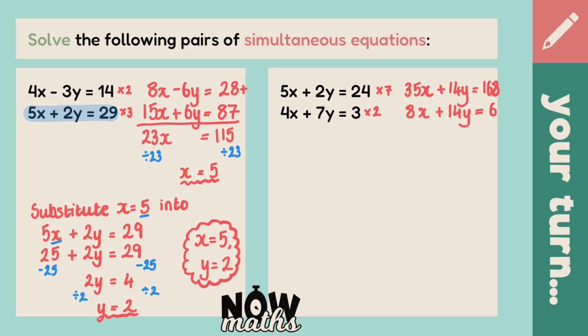Now we have a 14y term in each, and because they're both positive, we're going to subtract the equations to eliminate this term. So 35x subtract 8x is 27x. Then 14y subtract 14y is 0. And 168 subtract 6 is 162. And then to solve, we divide by 27, which gives us x equals 6.